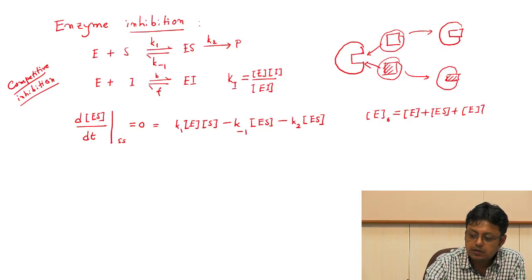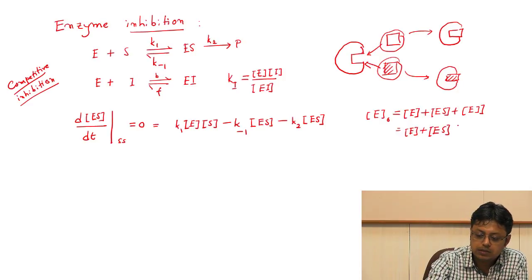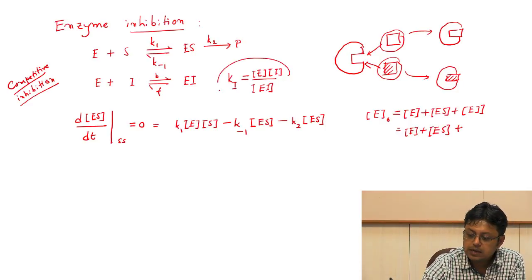So we can write E0 equals E plus ES plus, using this equilibrium, E times I divided by Ki.